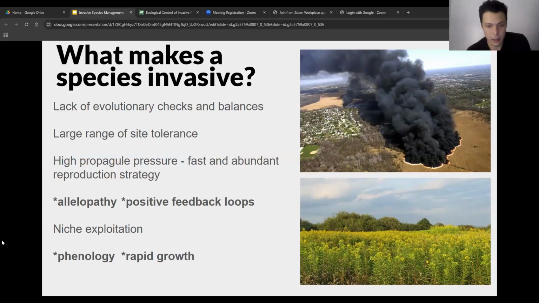And in fact, Canada goldenrod, tall goldenrod, and milkweeds are very invasive in those places because they share a lot of the same traits that those European or Asian invasive species have here, but they just don't have that niche and they don't have that evolutionary check and balance. So let's continue with the next slide.